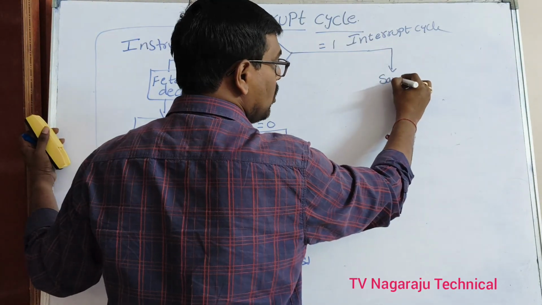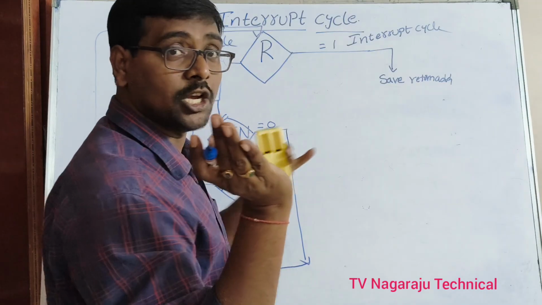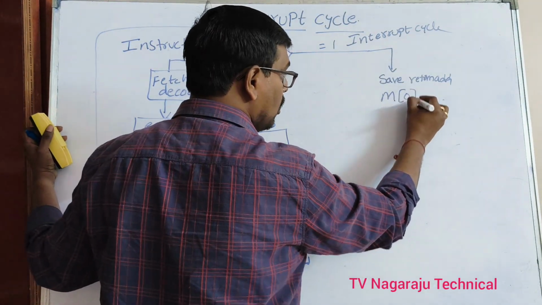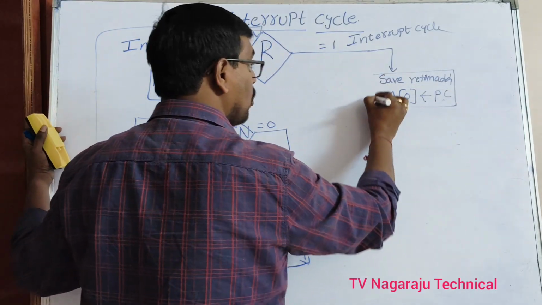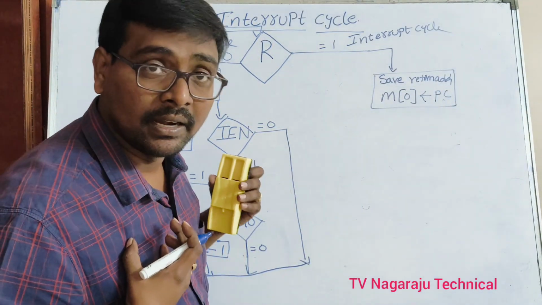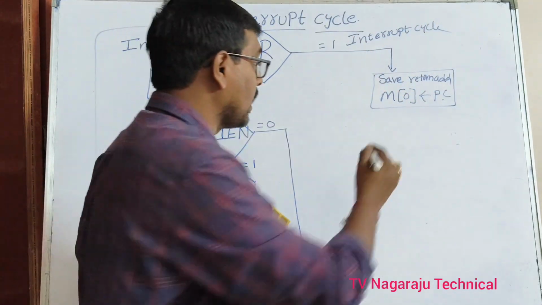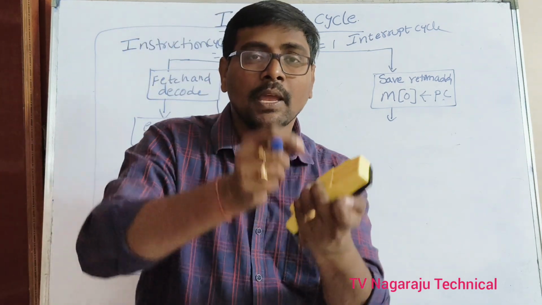Now save the return address. That means after completion you need to come back, where M of 0 goes to PC. Understand the meaning? The program counter's current address is stored in the 0th block of memory. After that, my return address is saved. What is the next step?